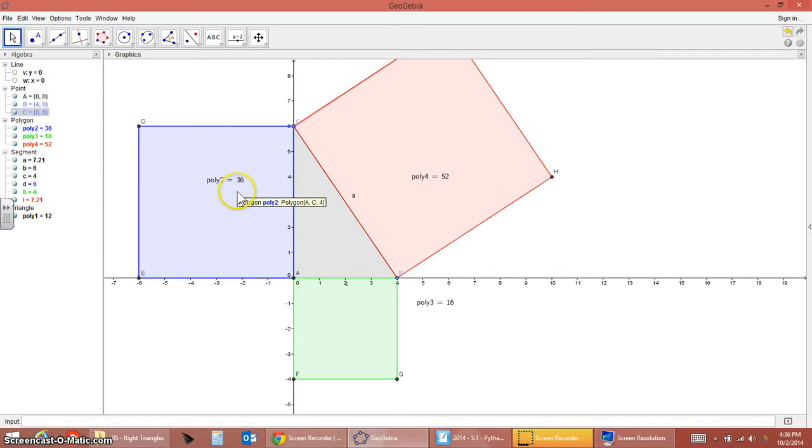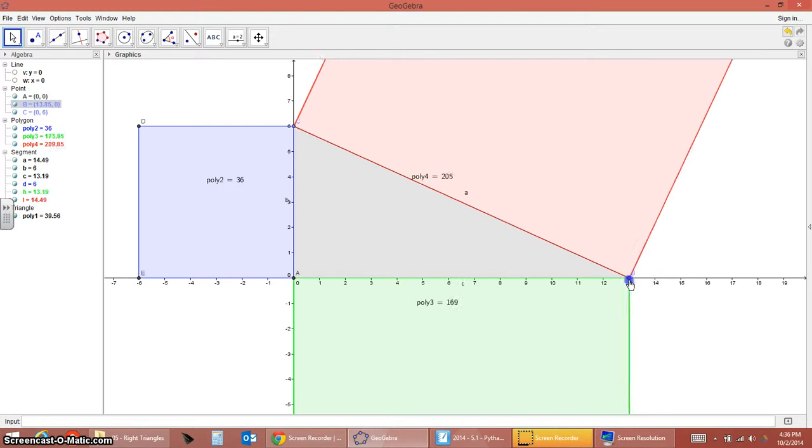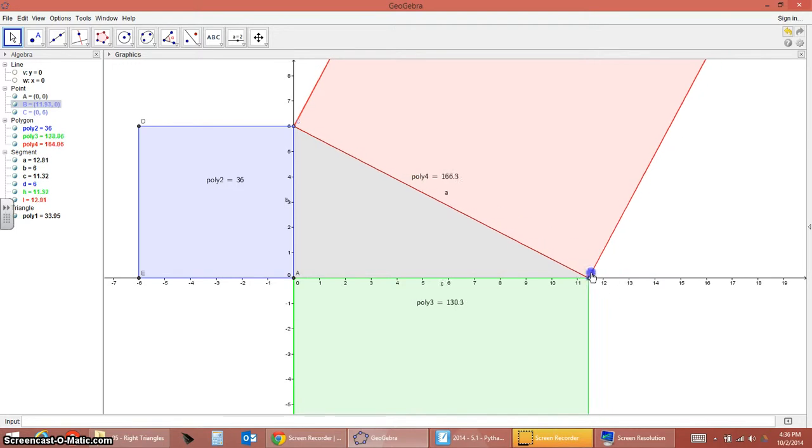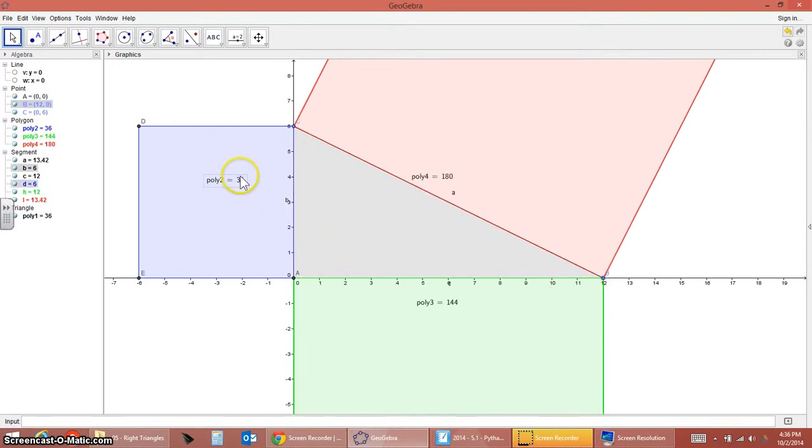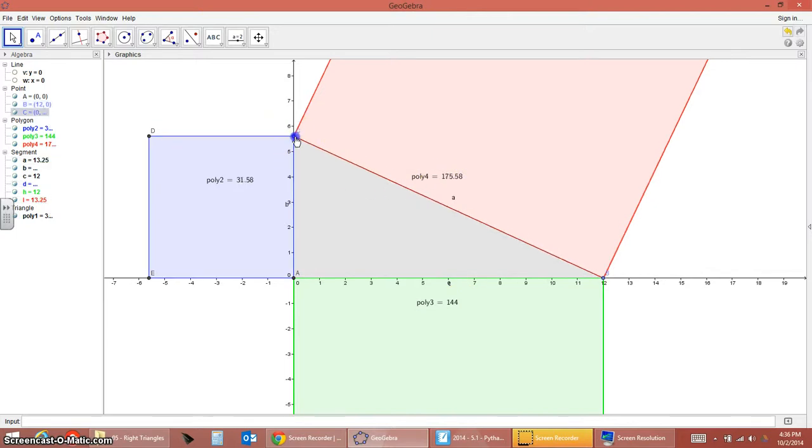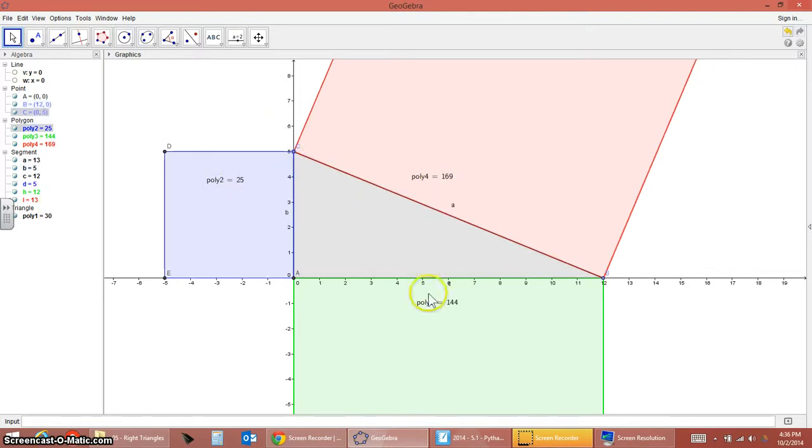A squared plus B squared equals the hypotenuse squared. I could make it really big. Let's make it over here at 12. Right there. 36 plus 144 equals 180. If I bring this down a little bit, 25 plus 144 is 169. No matter how you do it, A squared plus B squared equals C squared.